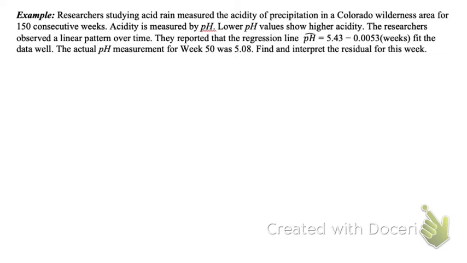They reported that the regression line pH hat equals 5.43 minus 0.0053 times weeks. That fit the data really well. The actual pH measurement for week 50 was 5.08. We're going to find and interpret the residual for that week.